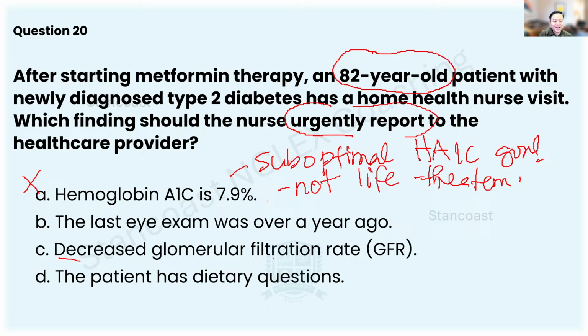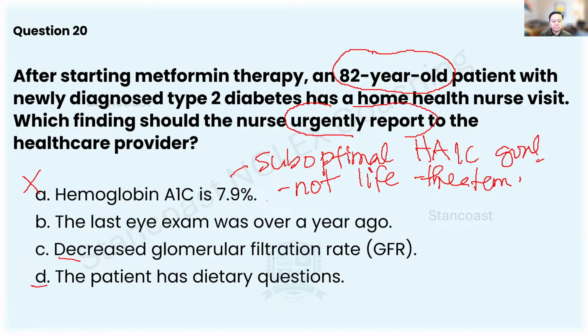If you answered letter D, the patient has dietary questions, would this require you to call the medical provider for those questions? We know that they should be educated, right? But it doesn't really require you to call the medical provider right there and then. This is something that you can actually answer as a registered nurse.